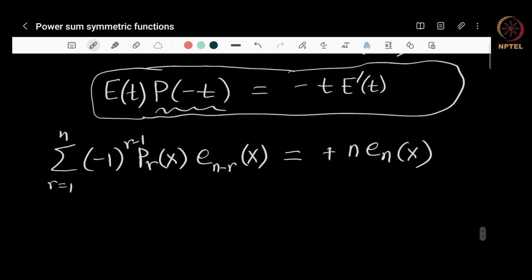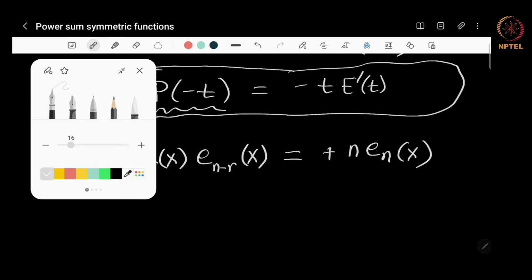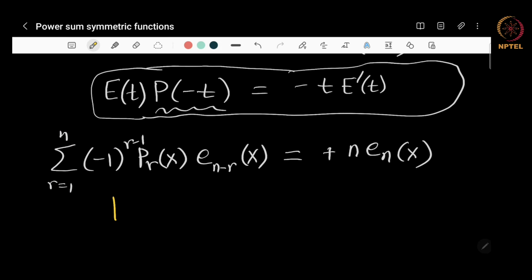Okay, and just like in the case of the H's, this can again be rewritten in terms of the actual equations. P1 becomes E1, and P2 satisfies the equation minus P2 plus P1 E1 equals 2 E2, and so on.